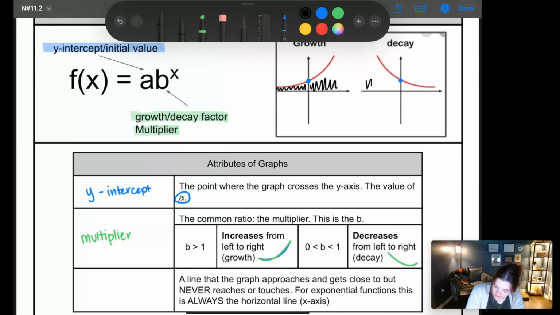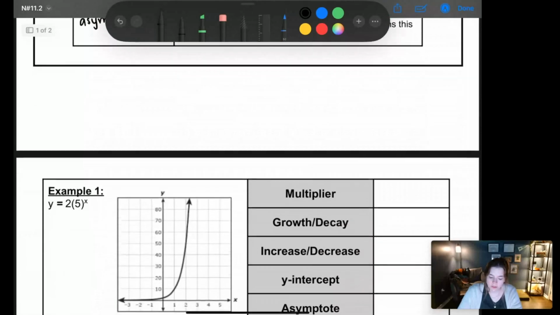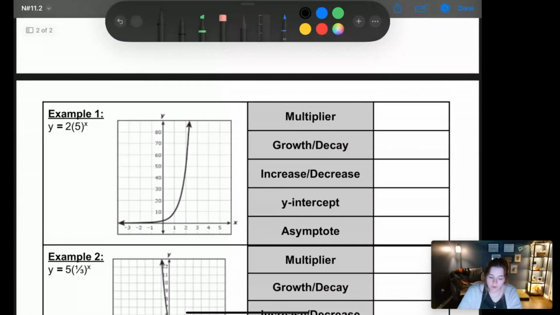Same thing with this one. It is not touching the x-axis. Okay, so that is called our asymptote. Asymptote. Okay, these are the attributes of our graphs, and we're going to look at more examples in just a second. But let's go look at example 1.